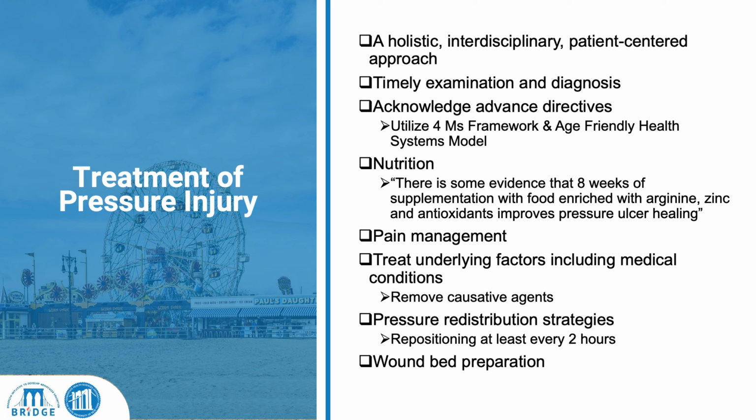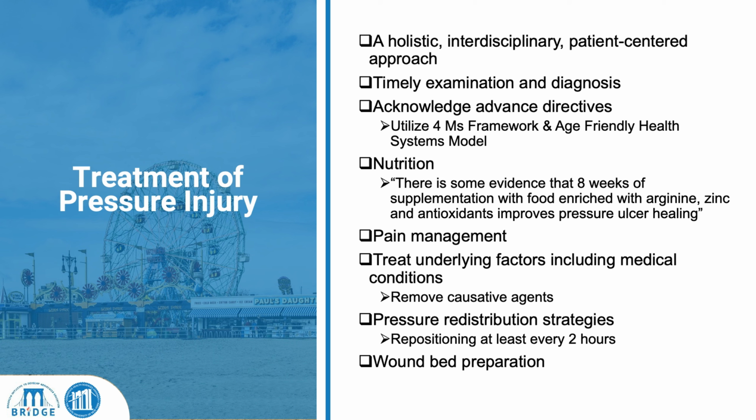So how do we treat pressure injuries? A holistic, interdisciplinary, patient-centered approach is recommended. Timely examination and diagnosis is recommended. Goals of care should be aligned with the patient's wishes, so acknowledgement of advanced directives should be taken into consideration, utilizing the 4Ms healthcare model. Nutrition is very important. There's some evidence that 8 weeks of supplementation with food enriched with arginine, zinc, and antioxidants improves pressure ulcer healing.